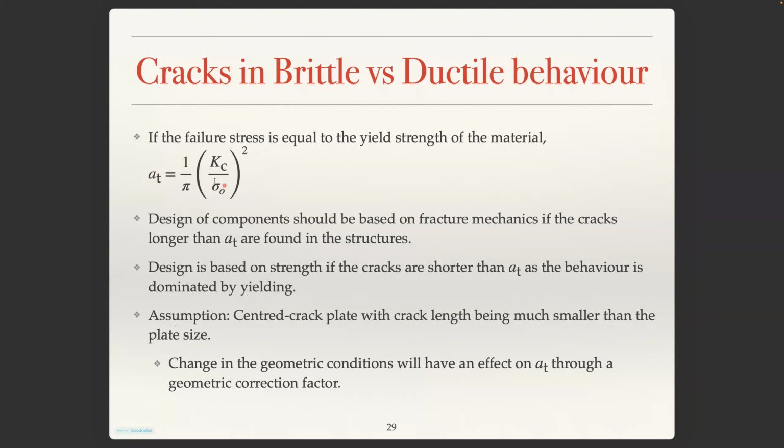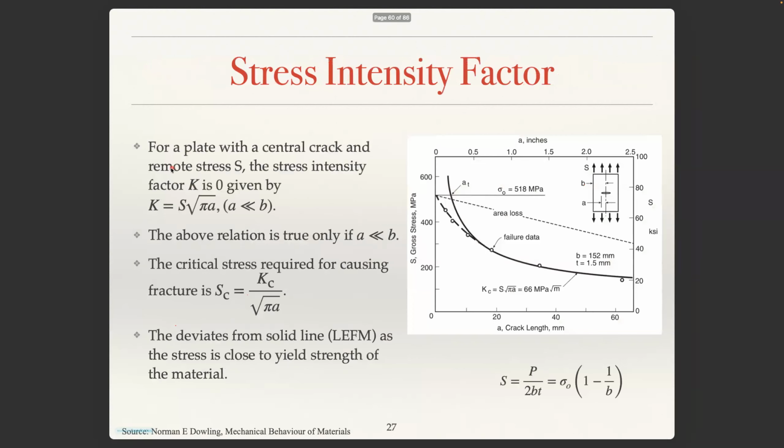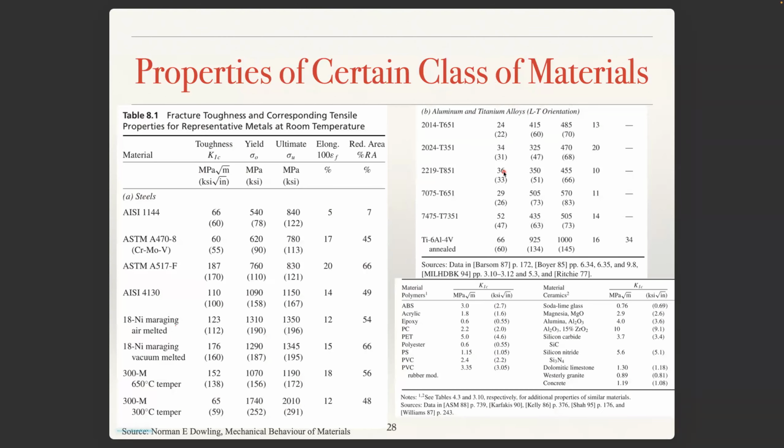When the failure stress is equal to the yield strength of the material, that is what we call AT. In the previous equation, here we have calculated AT, no? What is the AT value? It is the threshold crack length when the fracture happens at a stress equal to the yield strength. That sigma naught is your yield strength of the material.